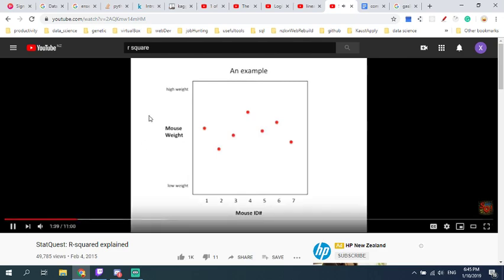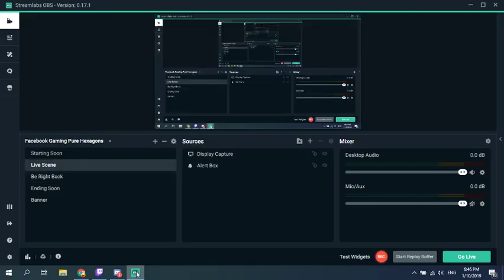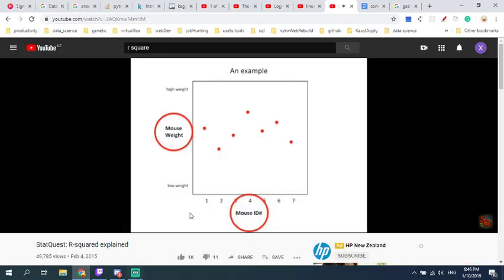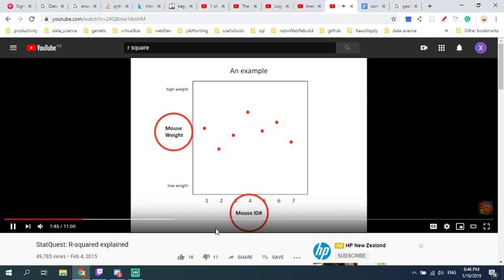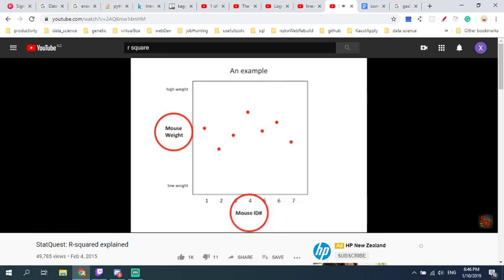Let's start with an example. Here, we're plotting mouse weight on the y-axis with high weights towards the top and low weights towards the bottom, and mouse identification numbers on the x-axis with ID numbers 1 through 7.